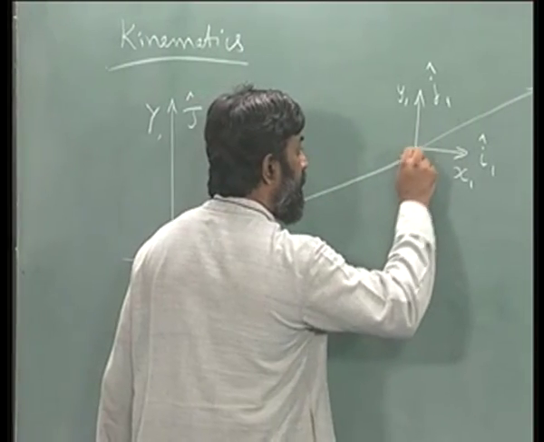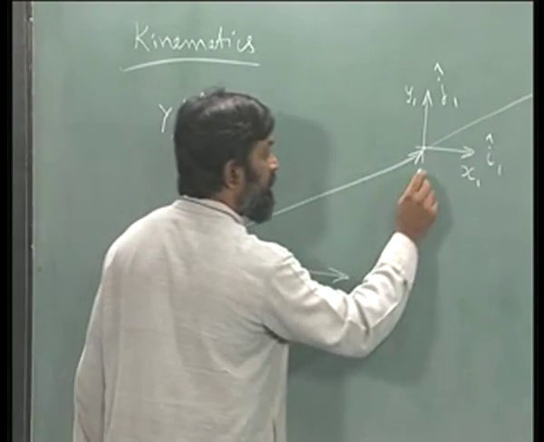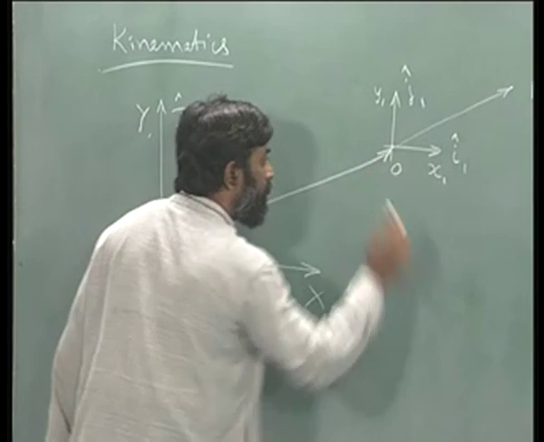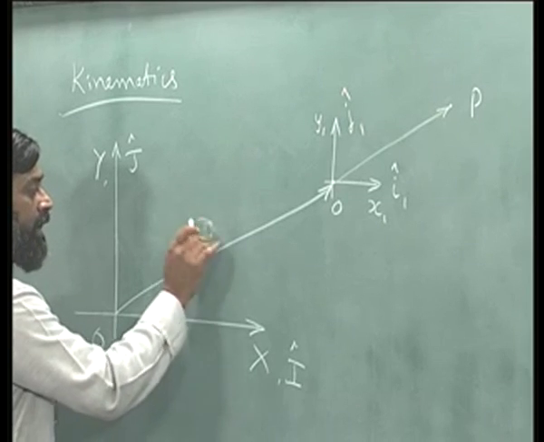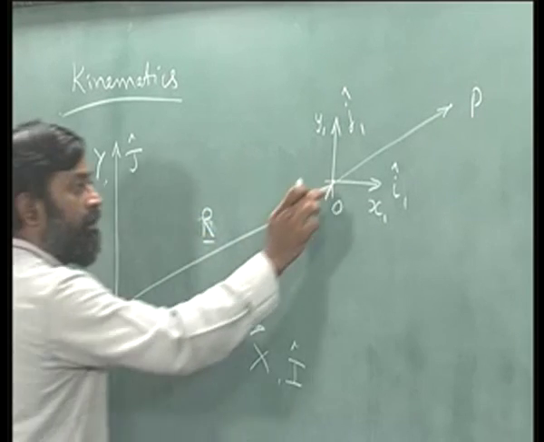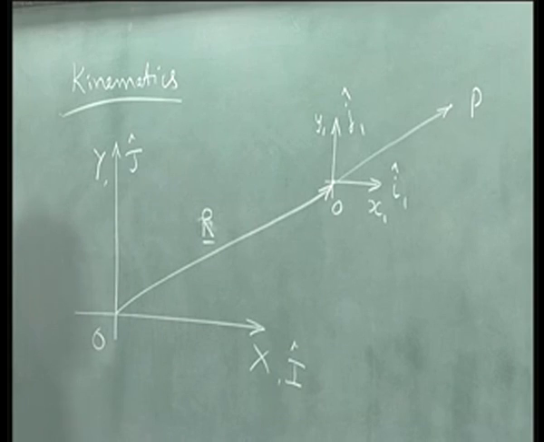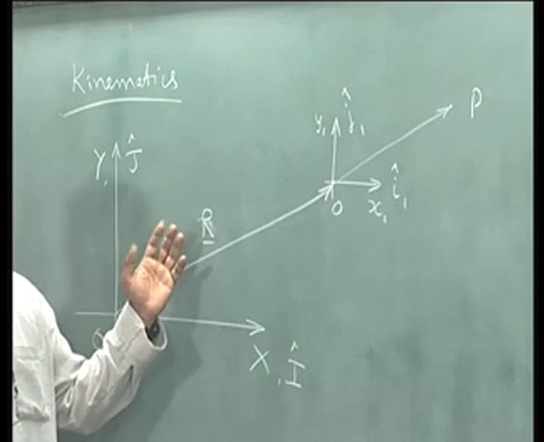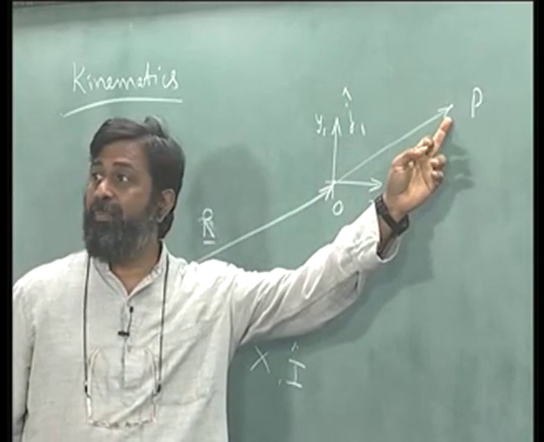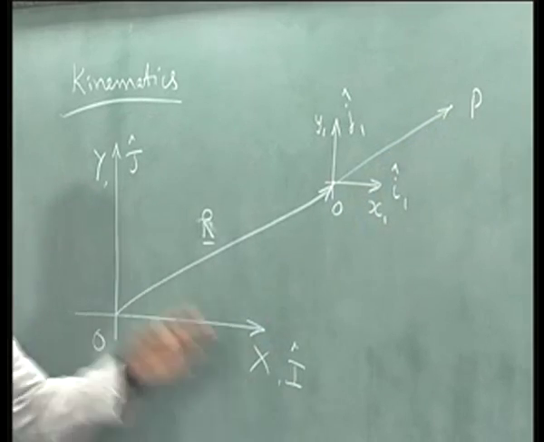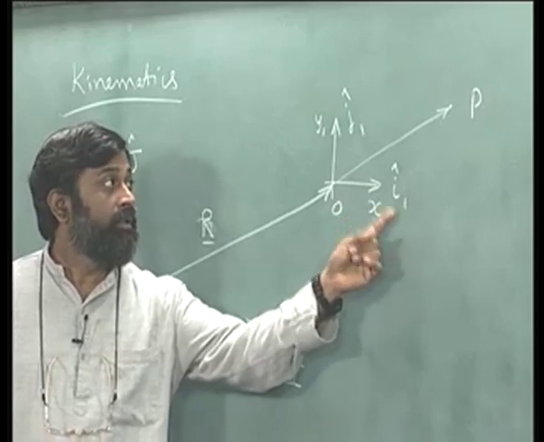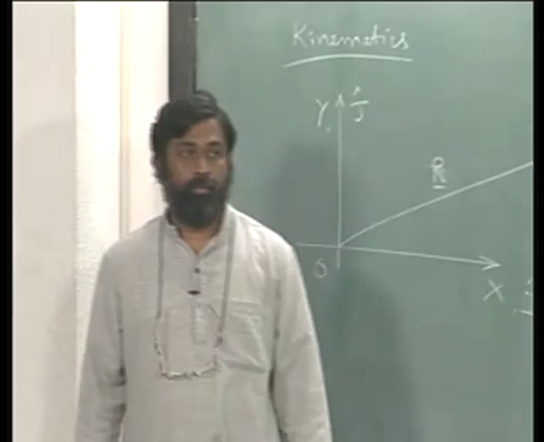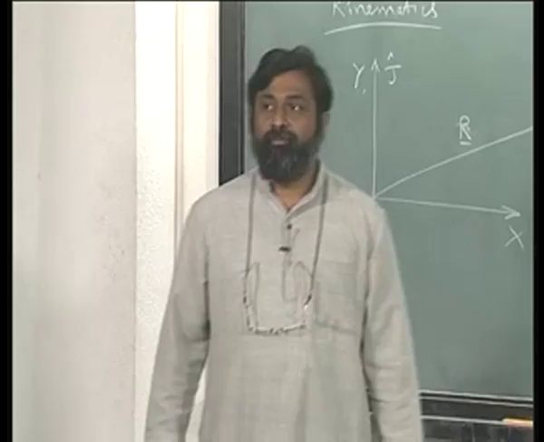Basically, one thing that I have to know is, let us say this is some small o, this is capital O, let us say this is some r, let me use capital R to denote the origin of this. Then I can write what is P with respect to capital X, capital Y, given the movement of this moving frame of reference.